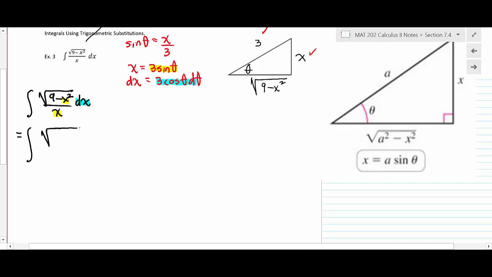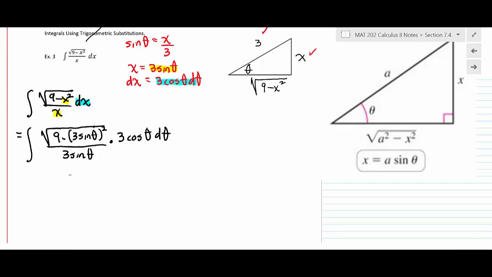So this is going to be 9 minus 3 sine theta squared, and then the denominator is going to be just 3 sine theta, and then the dx is going to be 3 cosine theta d theta. That's the substitution part. And then we need to clean it up and see what things cancel.